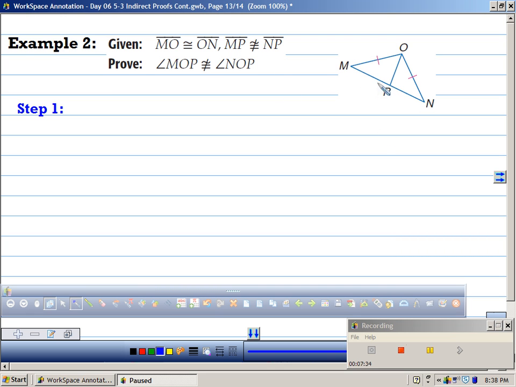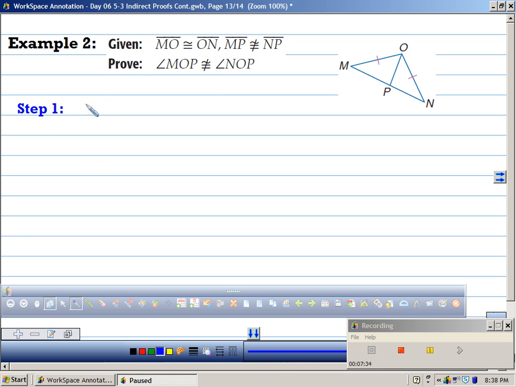MP, which is right here, is not congruent to NP. So we want to prove that angle MOP is not congruent to angle NOP. So before I can't even really wrap my head around where I'm going to start with this, or how I'm going to get from here to here.